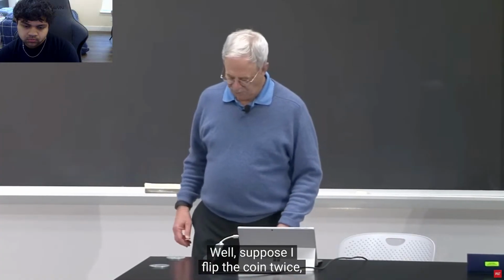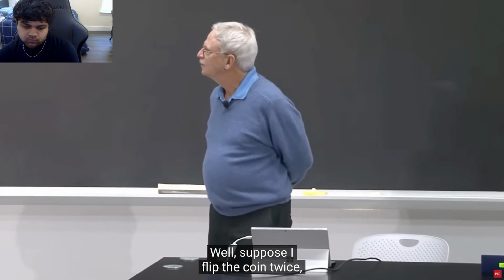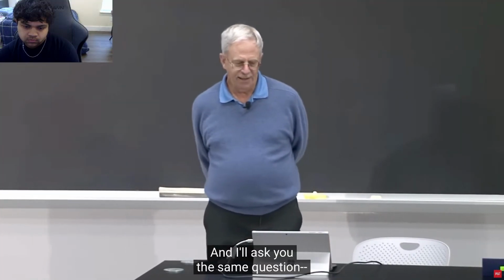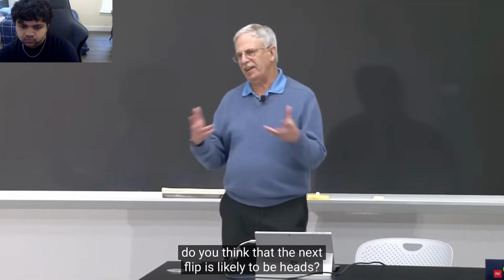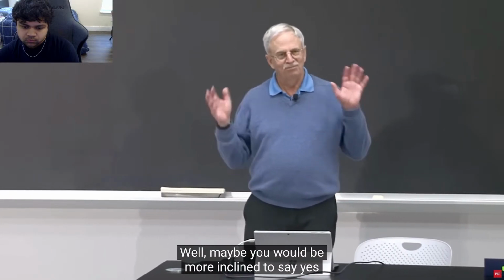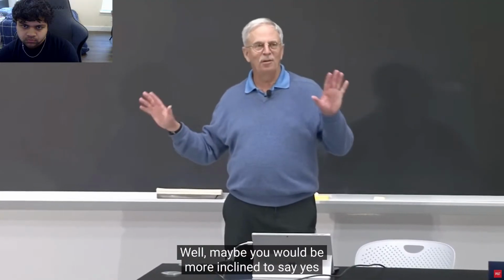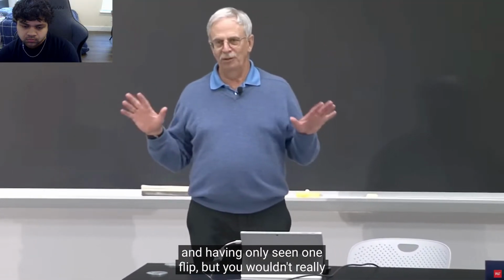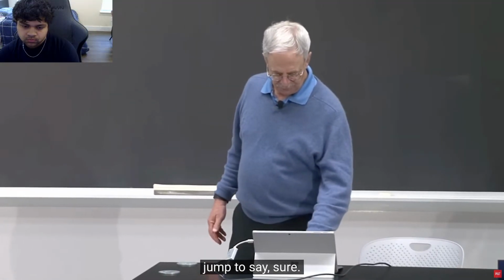Well, suppose I flipped the coin twice, and both times it came up heads. And now I asked you the same question. Do you think that the next flip is likely to be heads? Well, maybe you would be more inclined to say yes than having only seen one flip, but you wouldn't really jump to say sure.